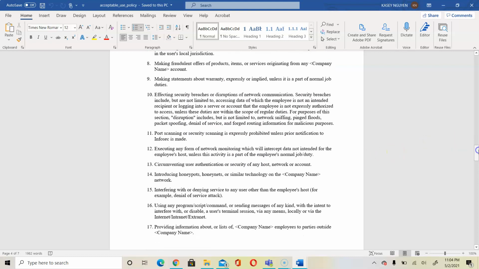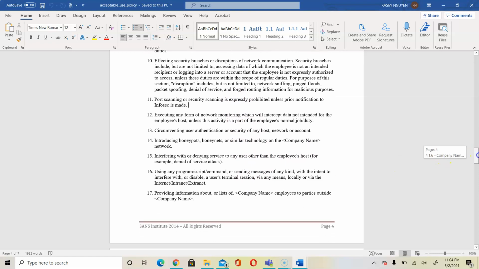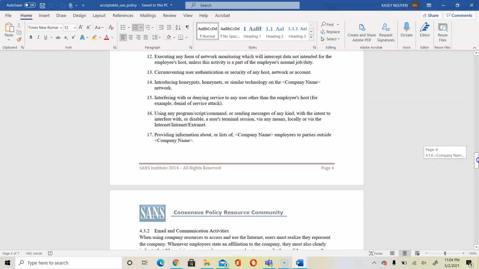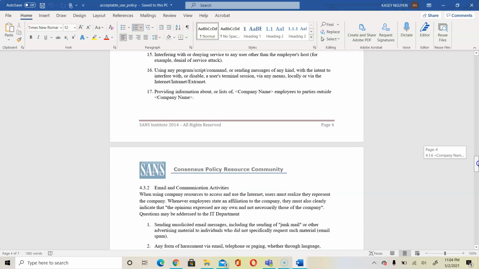Additionally, we want to state things that could risk our security, like scanning internally, circumventing, and so on. The more specific you are, the more clearly the rules are set, so that we avoid legal repercussions down the line. So it's important that we do that.